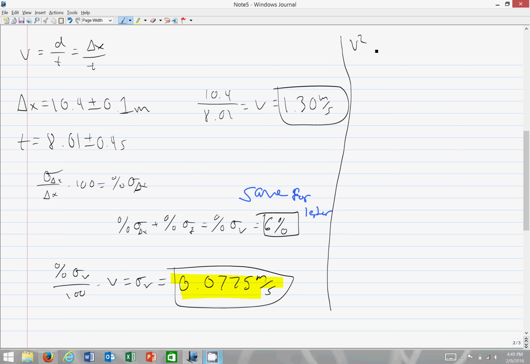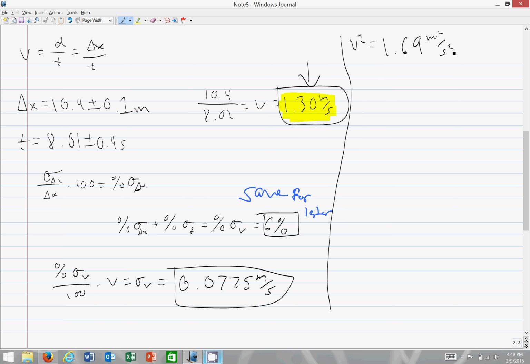So I take my v right here, not our error, and when I square this number, I get 1.69 meters squared per second squared.